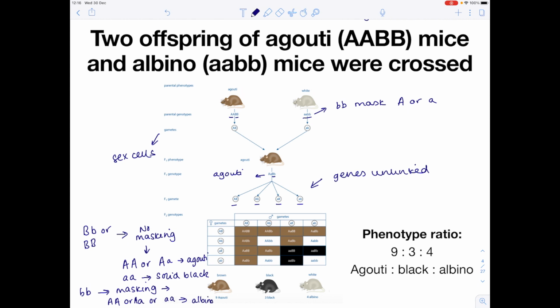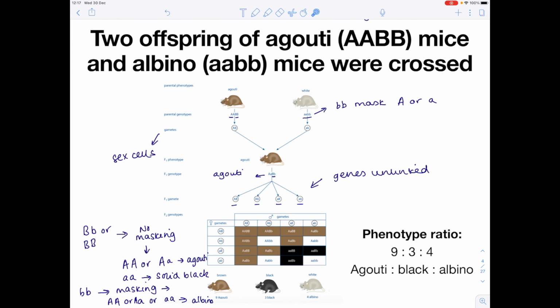Let's make sure that checks out as we look at the table. In our first cross, AB by AB, we end up with capital A, capital B. Let's double check. There's our capital B, there's our capital A, and look, we have agouti, which is shown by that tan colour.